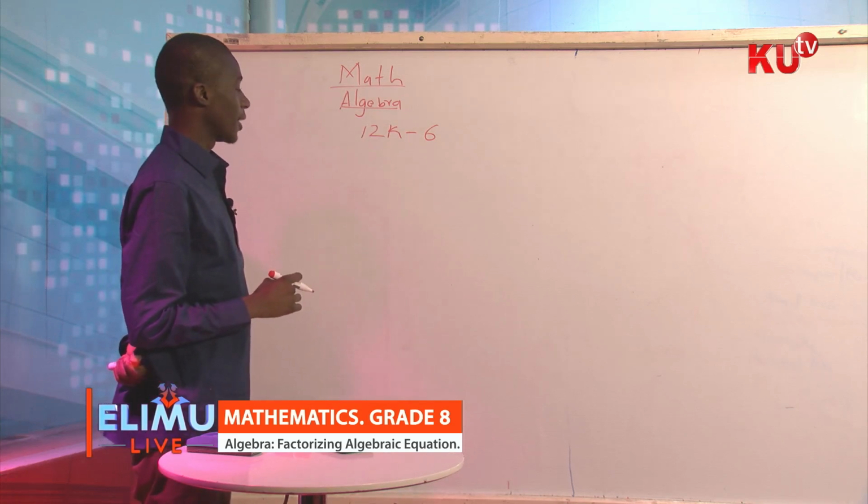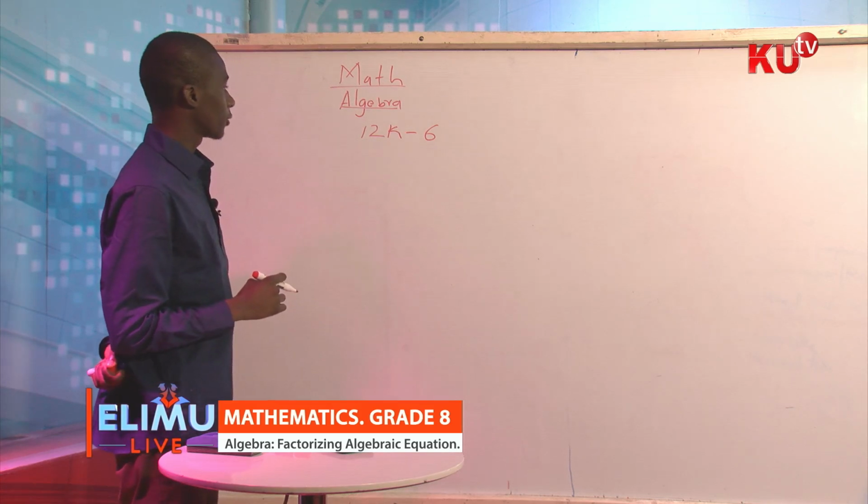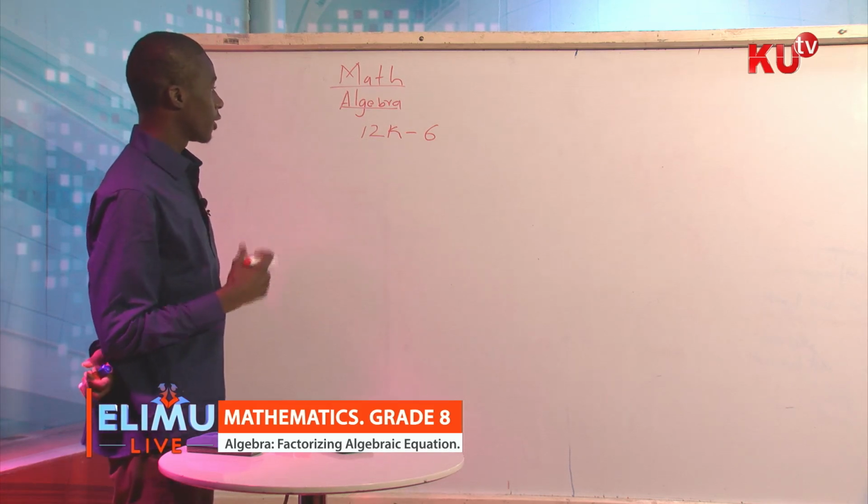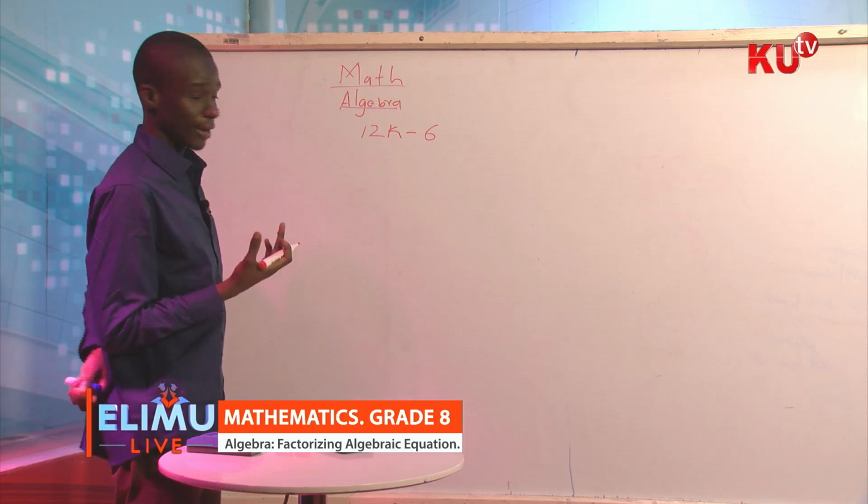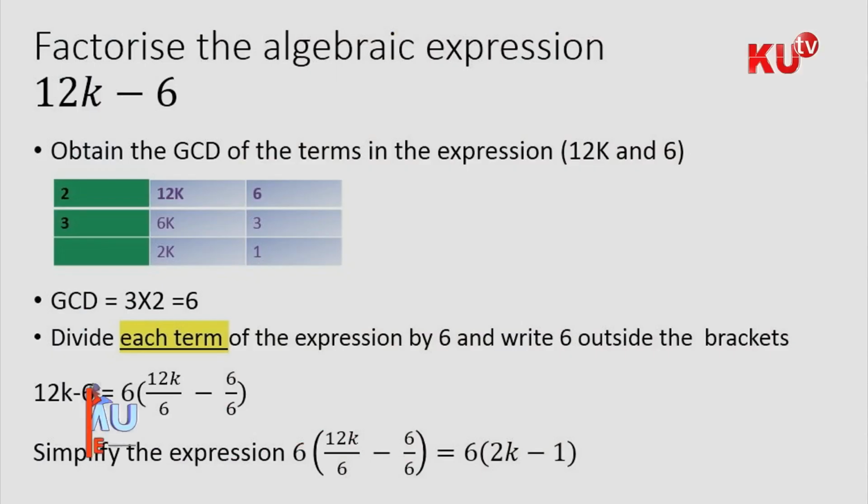For you to factorize this expression, first of all, you have to identify how many terms are in it. In this expression, we have 12k minus 6, and we have only 2 terms, that is the 12k and the 6.